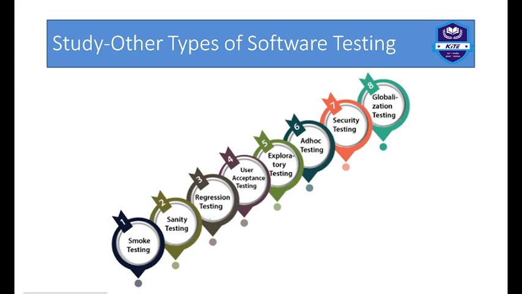Apart from the basic types of software testing, we have many more, starting from smoke testing, then sanity testing, regression testing, user acceptance testing, exploratory testing, ad hoc testing, security testing, and globalization testing.